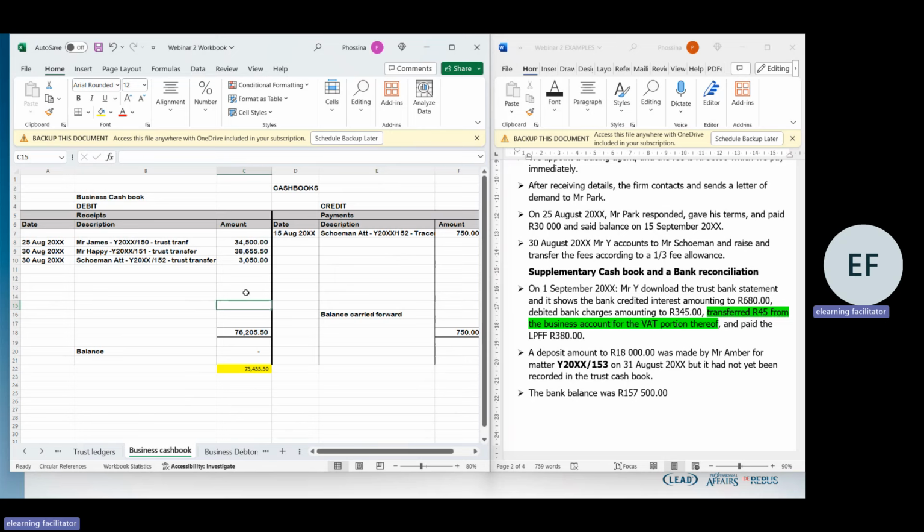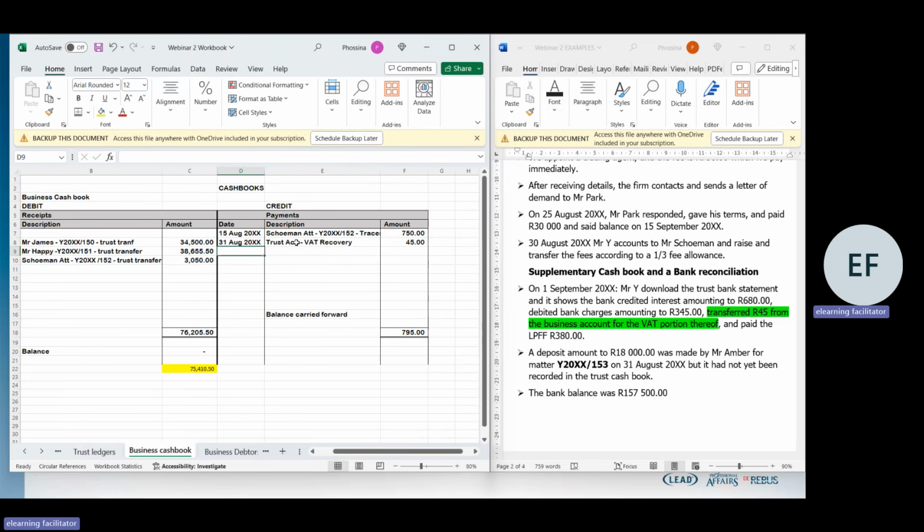So we have to go to our business ledger and we paid. How much is it? It's a trust account VAT recovery. So how much is it? 45. And they are saying recover it from SARS. How do we recover it?